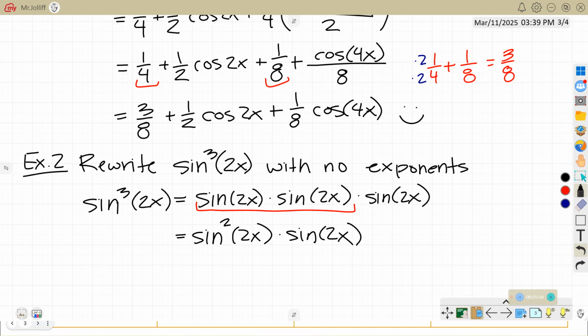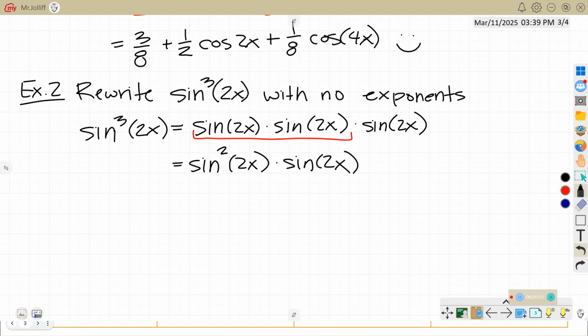I can't do anything to the sine of 2x. I don't need to. But I can bring that sine squared down with sine's reduction formula. So that's what we're going to do. Fraction for sine squared times sine of 2x. Yay. Who remembers my sine reduction formula?